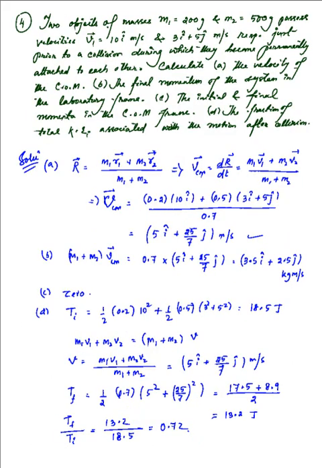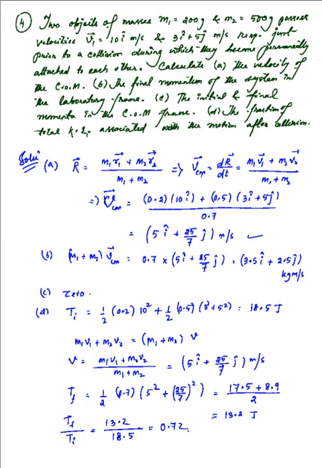Moving over to the fourth bit, we have two objects of masses m1 and m2, 200 and 500 grams, moving with velocities as given, v1 and v2 (probably not written there), just prior to a collision during which they become permanently attached to one another.